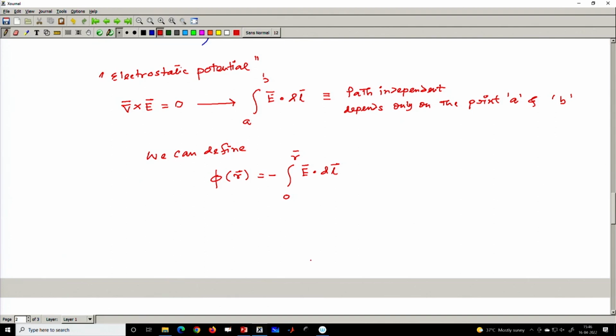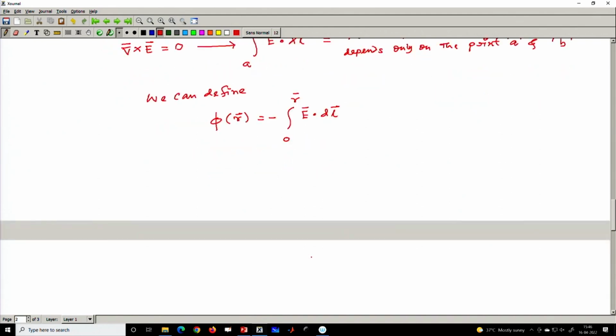I just define this as a scalar quantity, and since it is path independent, I can have phi b minus phi a.